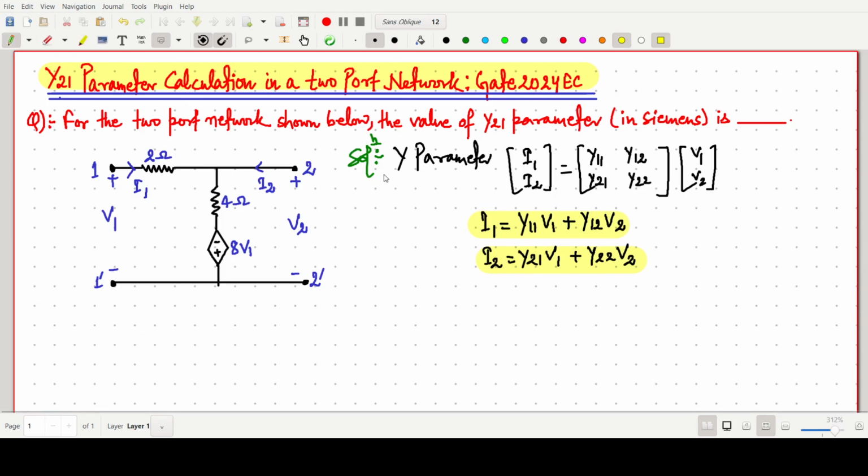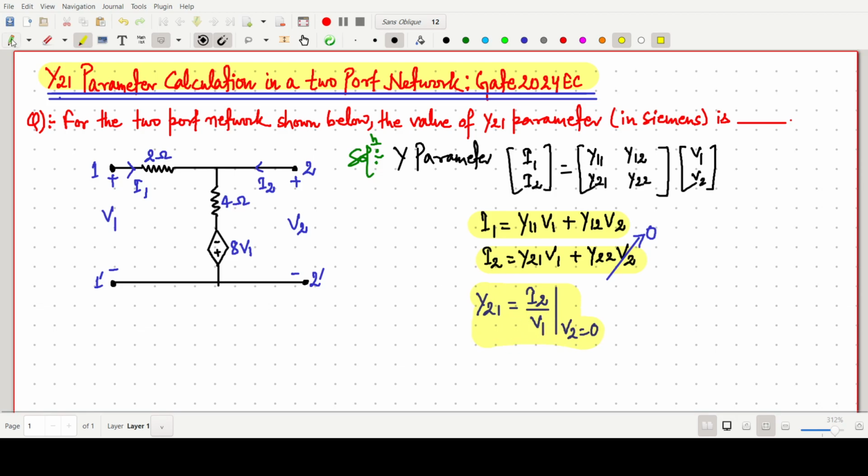In the question, we have to find the y21 value. From this equation, one can easily write y21 equals I2 by V1, keeping V2 equals 0. So we have to find this value.